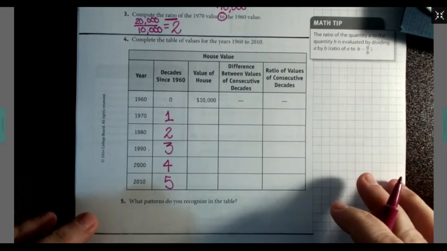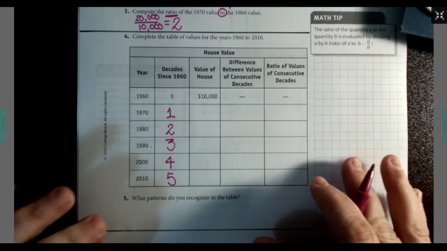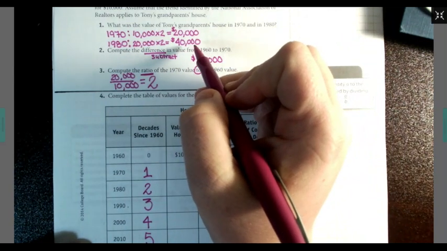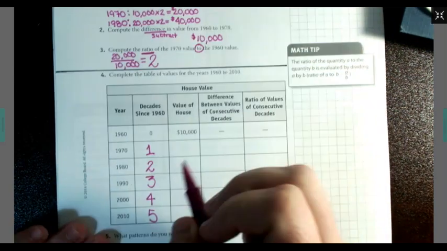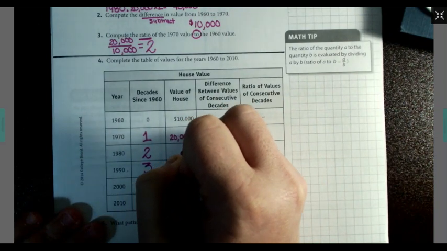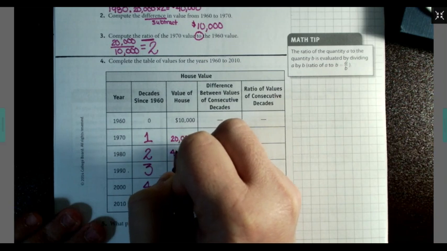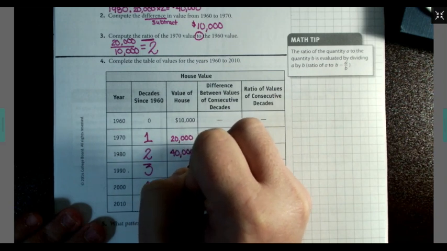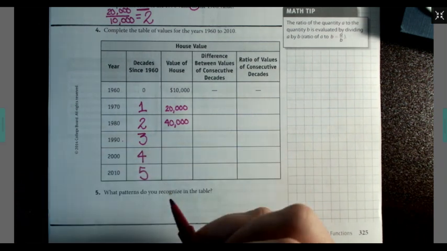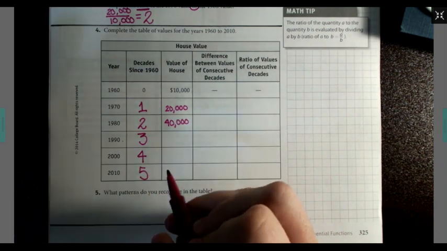Now remember, it says every 10 years this house value doubles. We already determined that it would be 20,000 and 40,000 and 80. So let's go ahead and put those in. This would be 20,000. This is 40,000. In 1990, we would expect this value to double again.